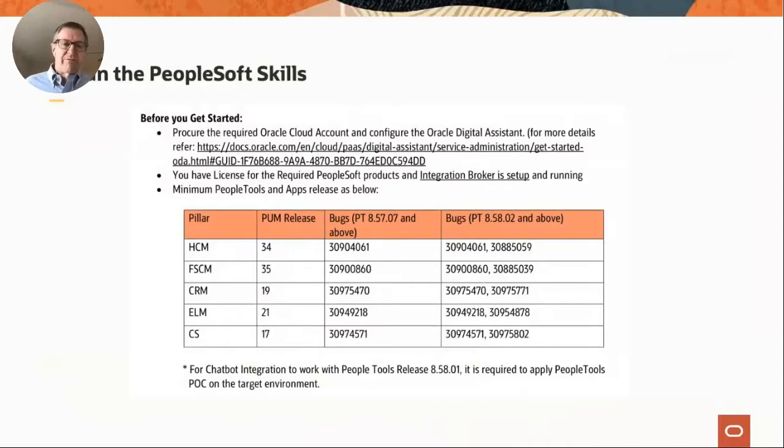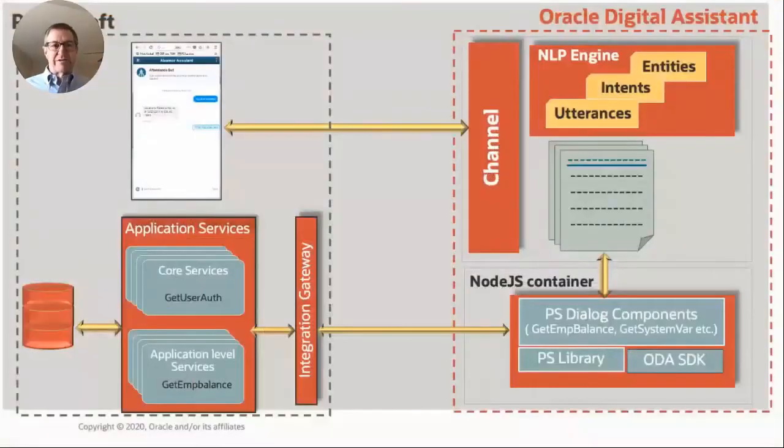So before we dig into the details, let's look at it from a high level and talk about all the parts that need to be configured to get the chatbot working. Okay, so here we have PeopleSoft up here on the left side, the chatbot that's running within the PeopleSoft environment. There's the back-end integration gateway. And over here, we have the Oracle Digital Assistant, ODA, running on the platform as a service.